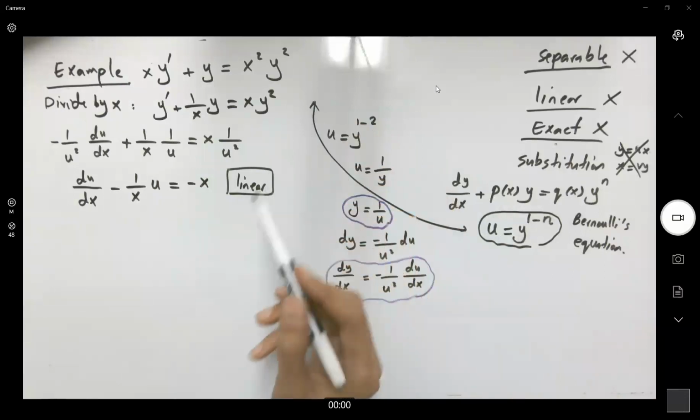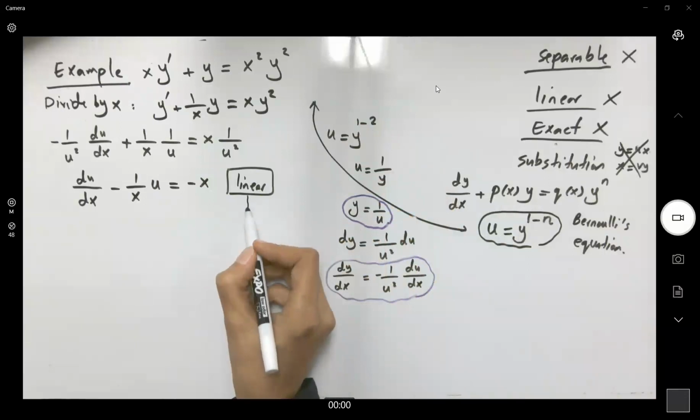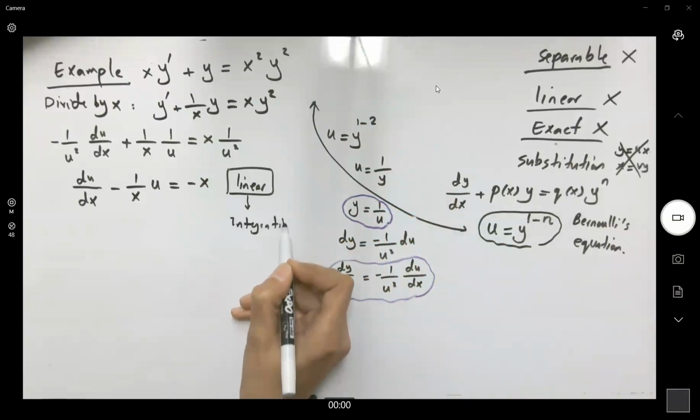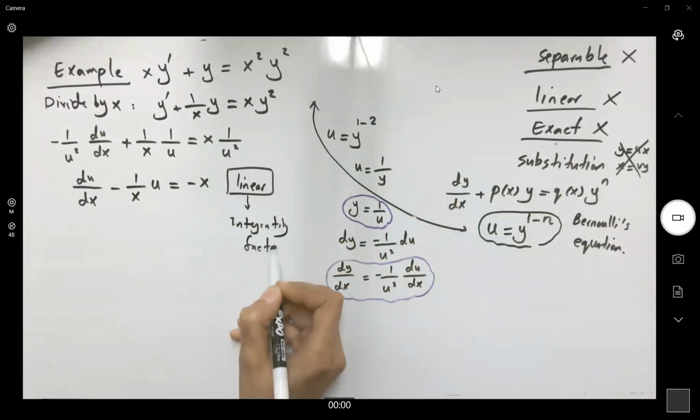Now that you have a linear differential equation, you need to find the integrating factor. Well, what is the integrating factor?